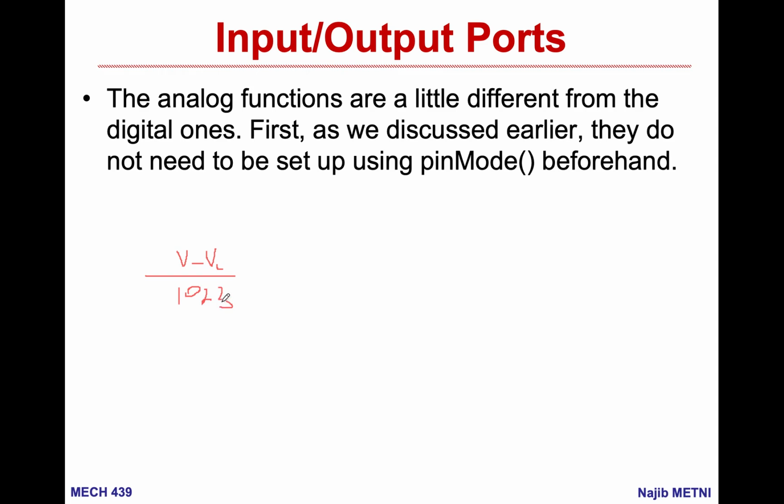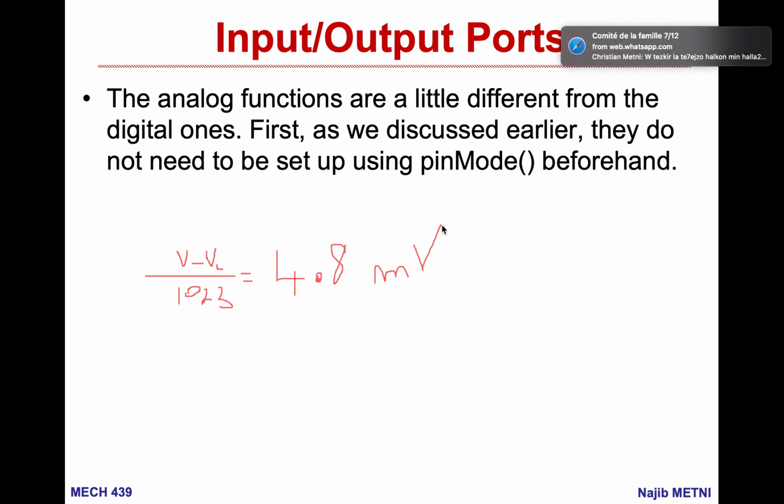So it is equal to 4.8 millivolts. Any analog input value below 4.8 millivolt cannot be seen at the output. So this is the resolution: 4.8 millivolts.